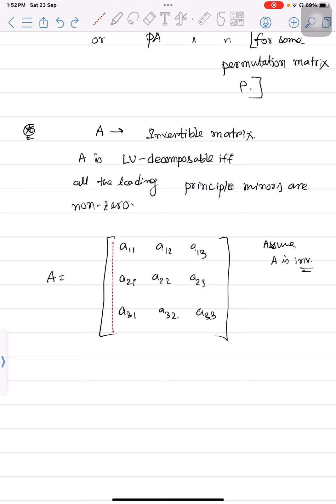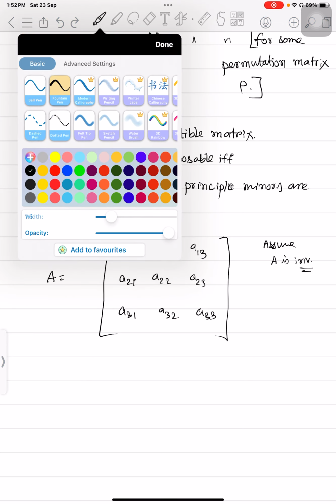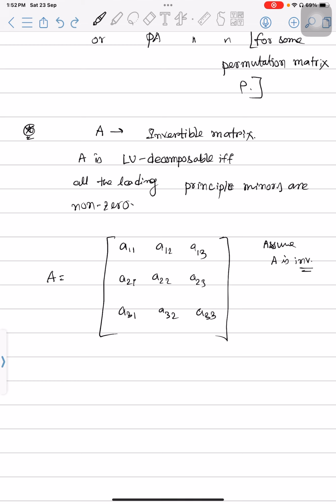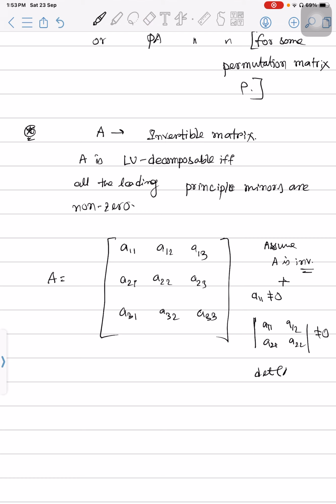So basically they are saying that A11 doesn't equal 0, the determinant of A11, A12, A21, A22 doesn't equal 0, and the other leading principal minor, the whole matrix, determinant of A does not equal 0.